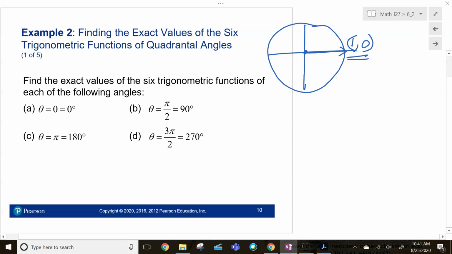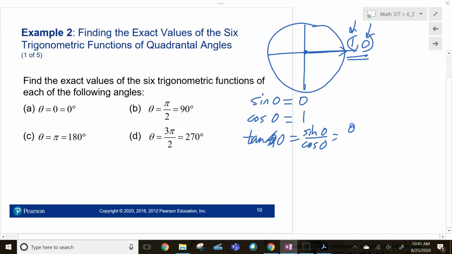So the sine of theta, when theta is 0 radians, is the y value, 0. The cosine of 0 radians is the x value, 1. The tangent, y over x, is sine over cosine, y divided by x, so 0.